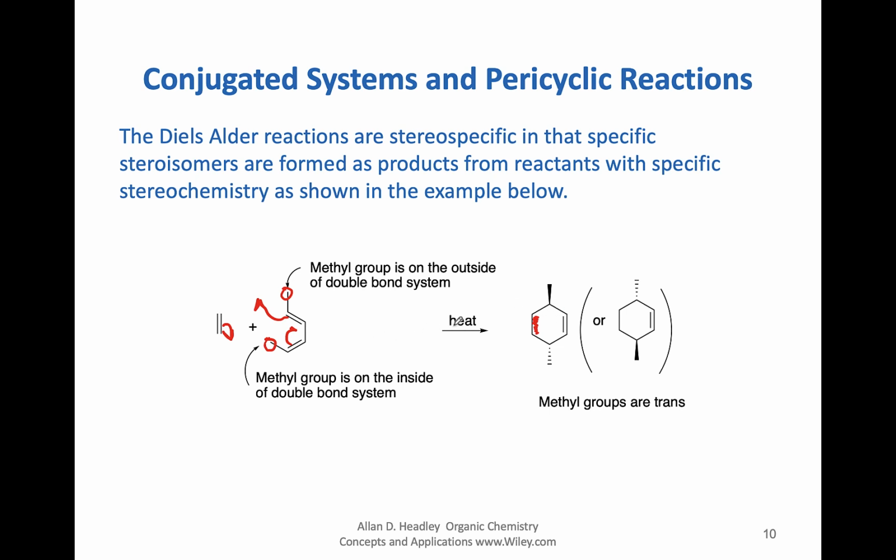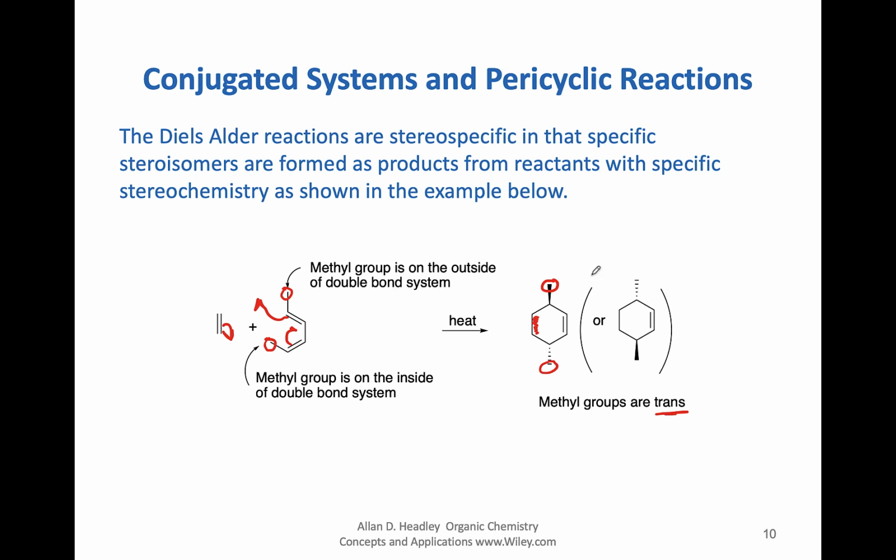So notice here that this stereochemistry is, since these are on opposite sides of the double bond, they are now trans to each other. So it's a trans arrangement. Okay, so you could do this, or notice the dash and wedge to indicate trans arrangement.